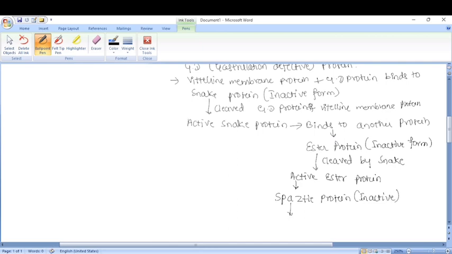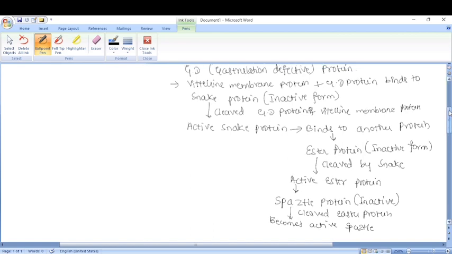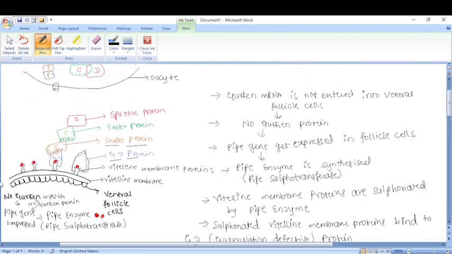This Spätzle protein becomes active by being cleaved by Easter protein. Activated Easter protein binds to Spätzle protein and cleaves it, and it becomes the active Spätzle. See here in the diagram.